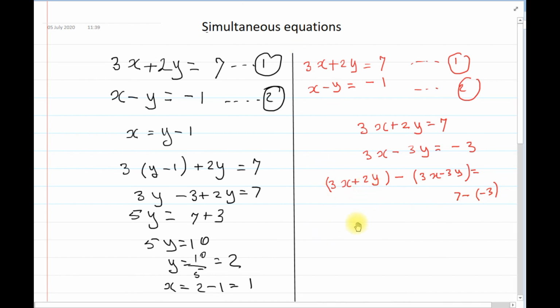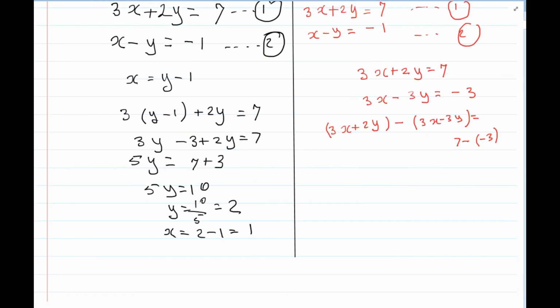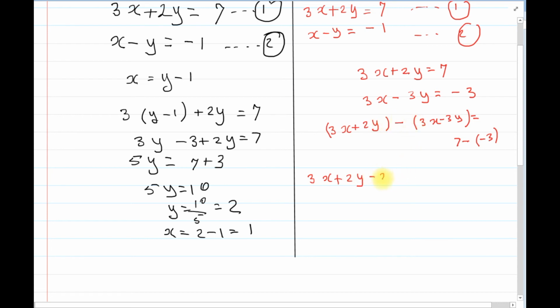Let's make a bit of room here. If I expand the brackets and deal with like terms, I have 3x plus 2y, and I have minus 3x, minus 3y becomes plus 3y.